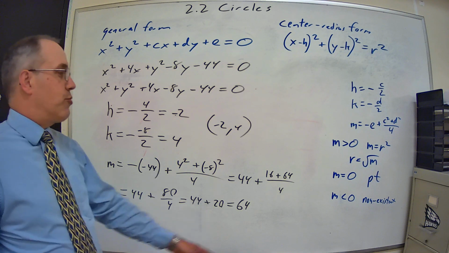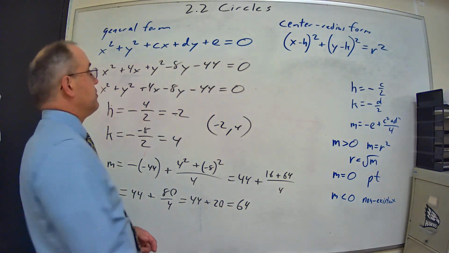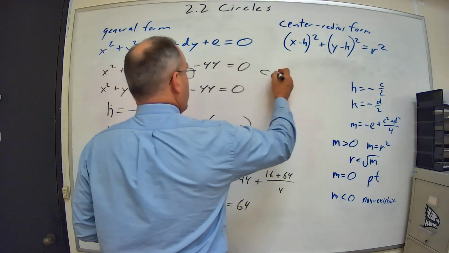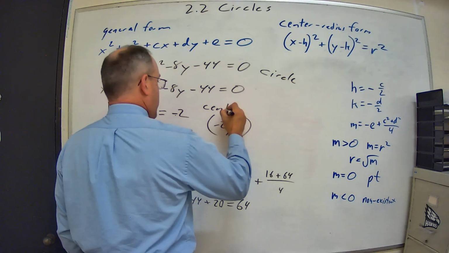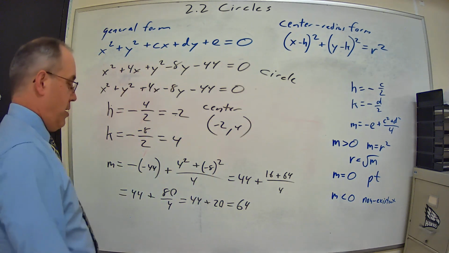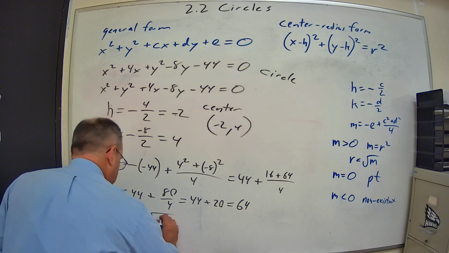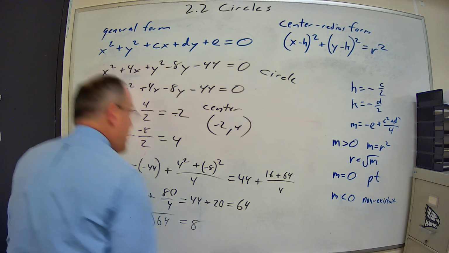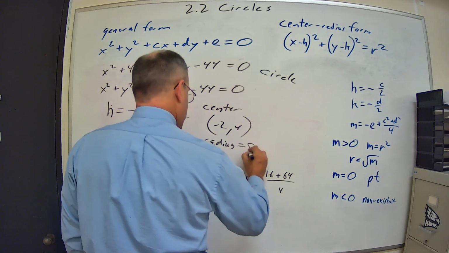So m is greater than 0, therefore we do have a circle. It has a center at negative 2, 4, and r is equal to the square root of m, so the square root of 64, which is 8, so the radius is equal to 8.